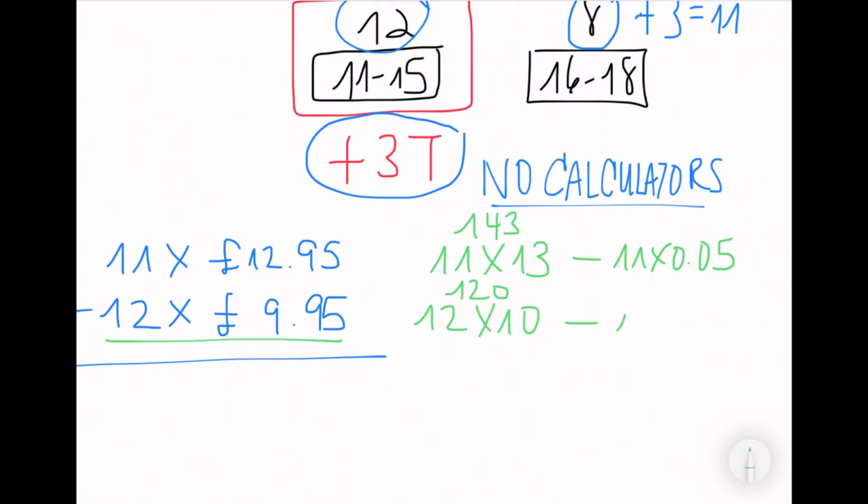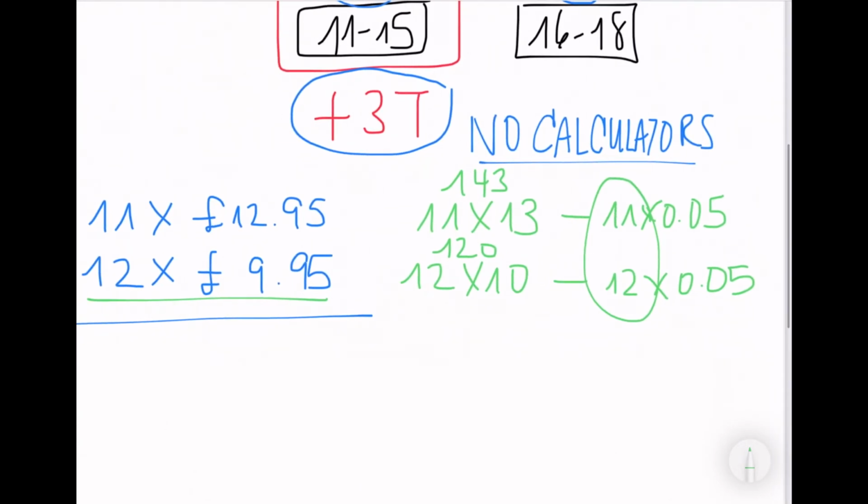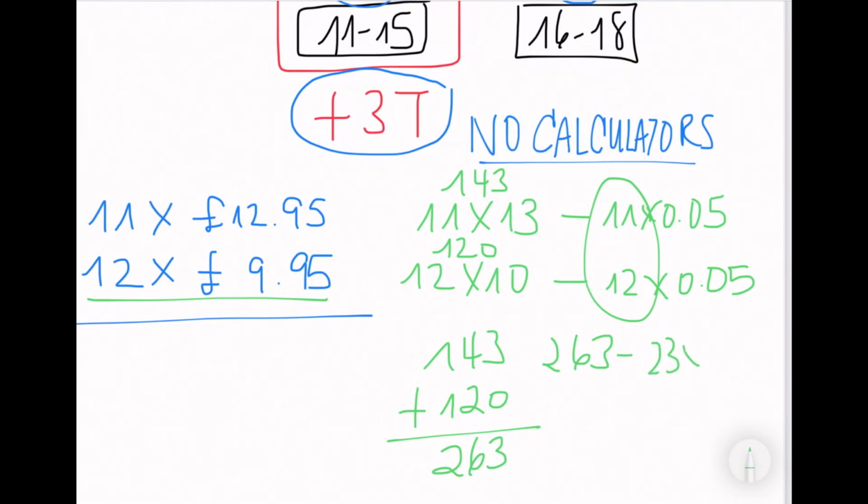And then we'll remember to subtract the 12 5p's that we added to make 9.95 10 pounds, right? So we need to subtract 23 5p's. So we'll do 143 plus 120. That's 263.